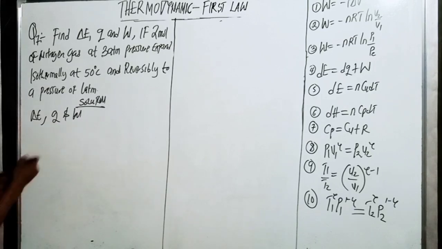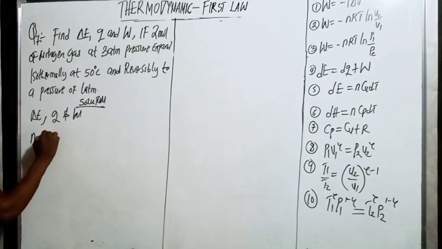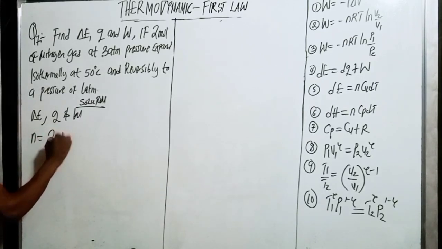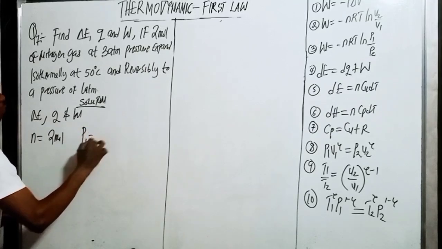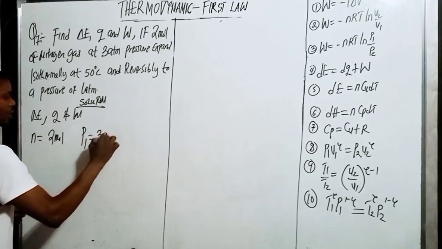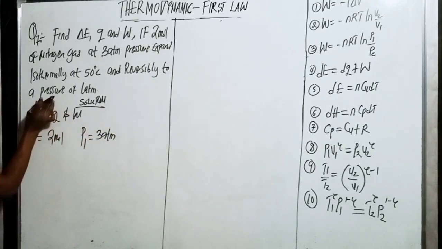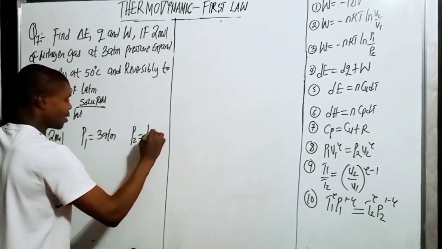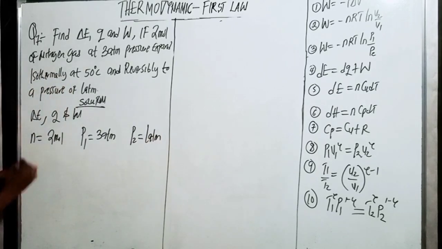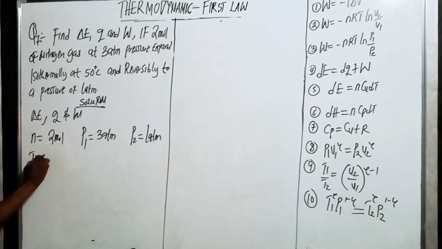So now my n, what is my n? My n is 2 moles, right? Then my P1 is equal to 3 atm, right? Then my P2 is equal to 1 atm, right? Then my temperature is 50 degrees centigrade.